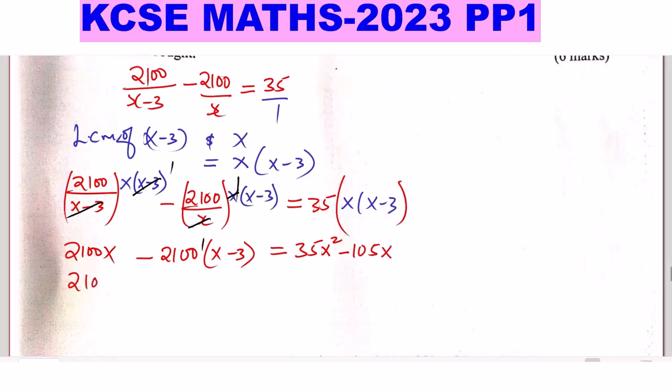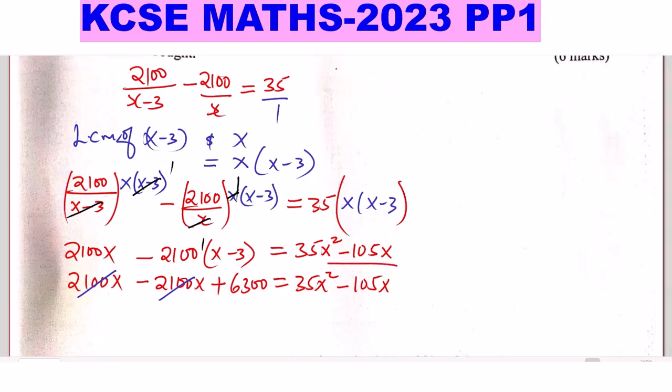This will give 2100X minus 2100X plus, when you open the bracket, 2100 times 3, you get 6300, equals 35X squared minus 105X. Then from there, there's something that you'll note. This one and this one, 2100X minus 2100X, you'll eliminate that, and then you'll be left with this.